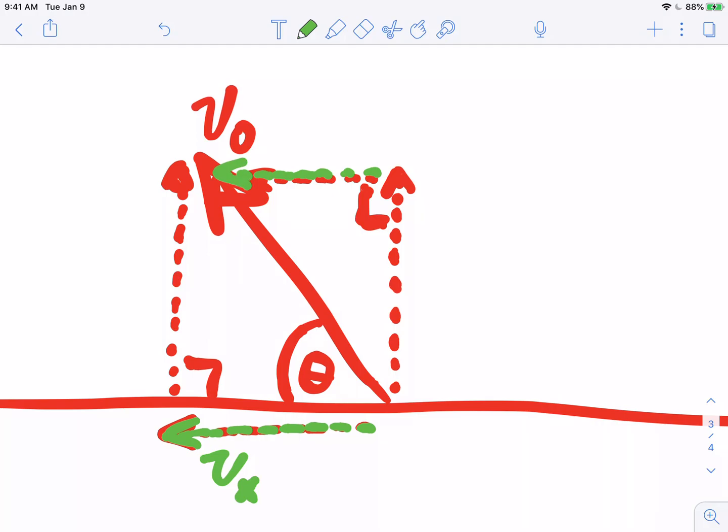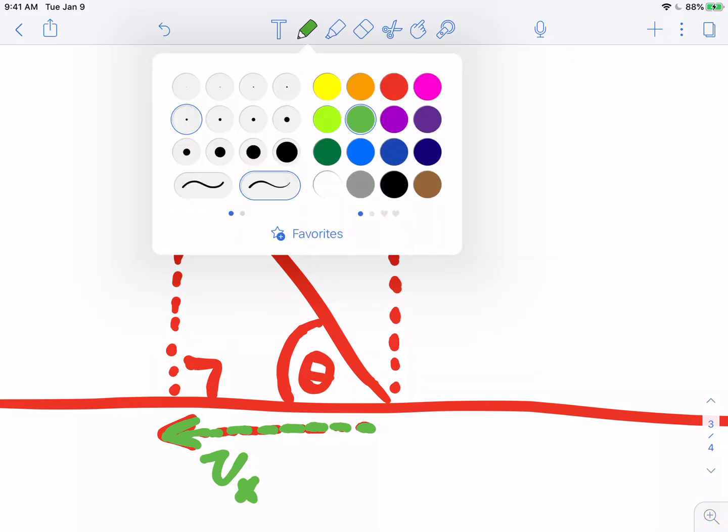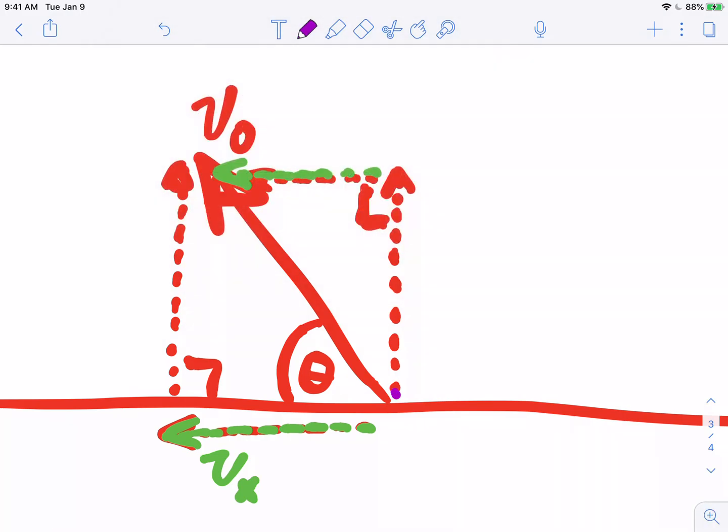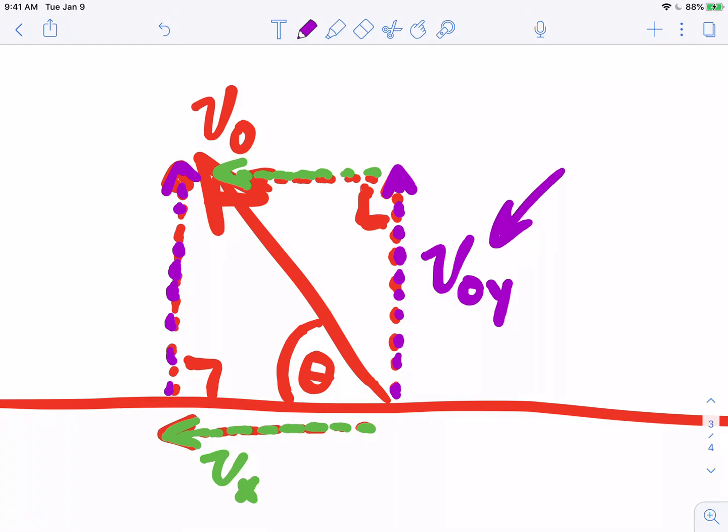The initial vertical velocity is v sub 0 y, and the reason why I'm saying that is because that velocity right there, my friends, that's going to change. That's going to change, right?